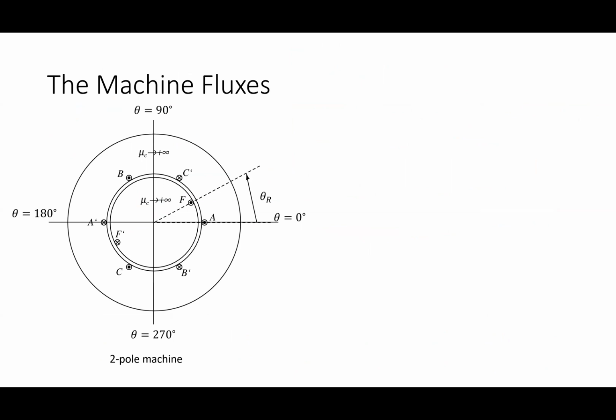Okay. So here's my basic picture. I want to try to figure out the machine fluxes. We had our basic approach to magnetic circuits, where, for this basic two-pole machine, if I looked at phase A, I got a flux doing this, and then a flux doing this.